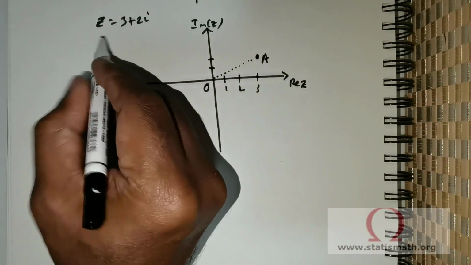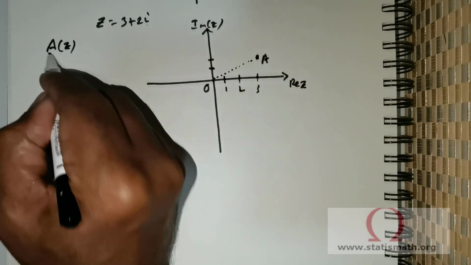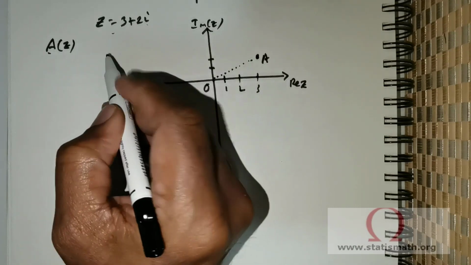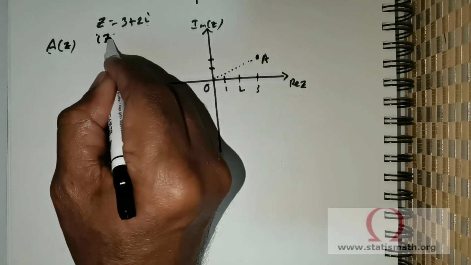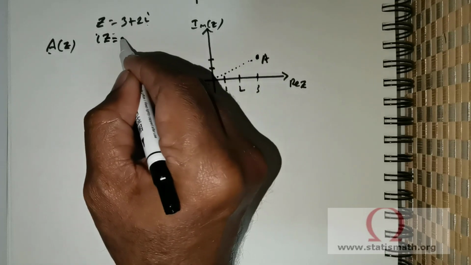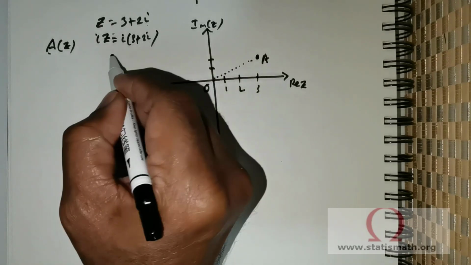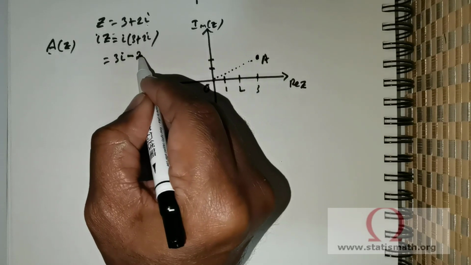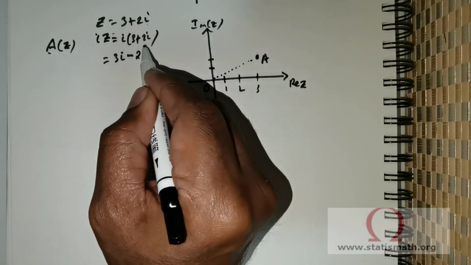Now next, because we are going to be taking the points according to the order in which the representation is given, next is given to be i times z. So i times z means i of 3 + 2i. That is going to be 3i plus 2i squared, but i squared is negative 1.